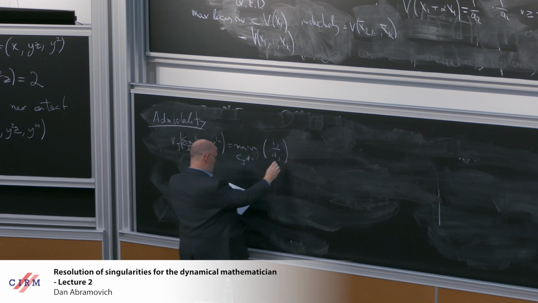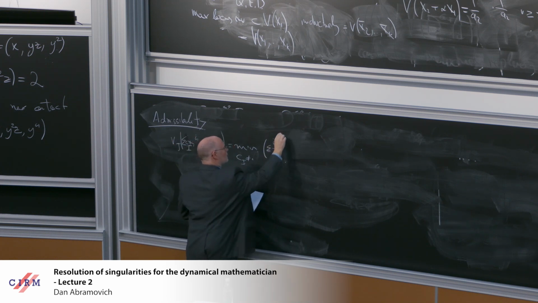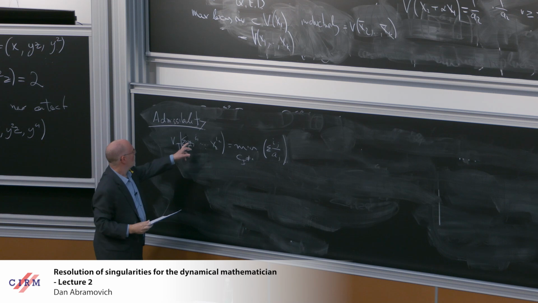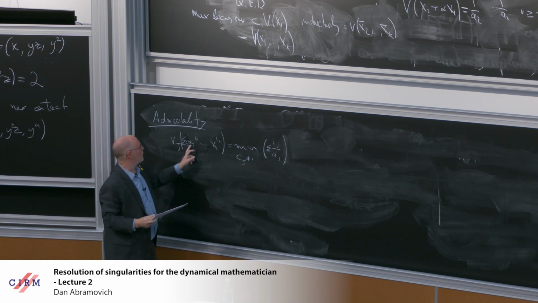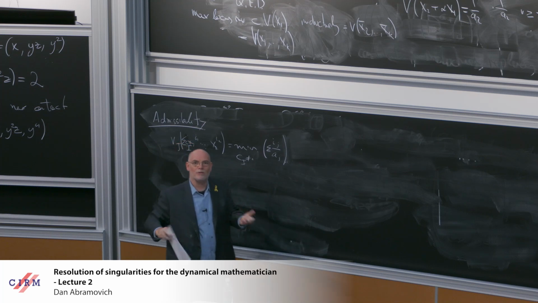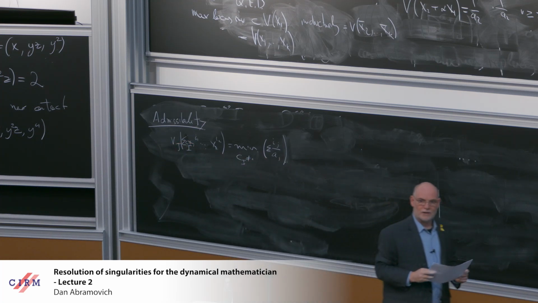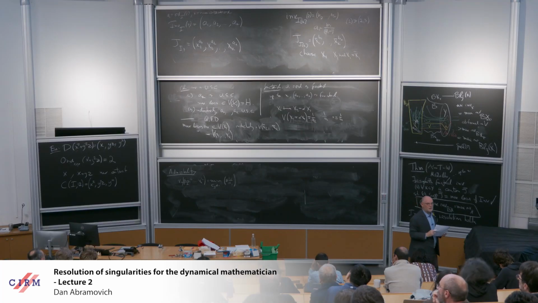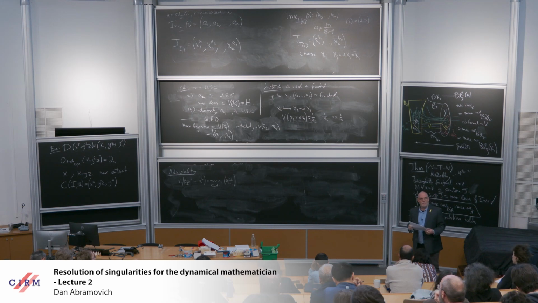So that's the definition. What I wrote here is the value of this monomial, and I take the minimum of those monomials that appear. So this is how monomial valuations work. You choose a sequence of parameters. It might as well work in the completion.